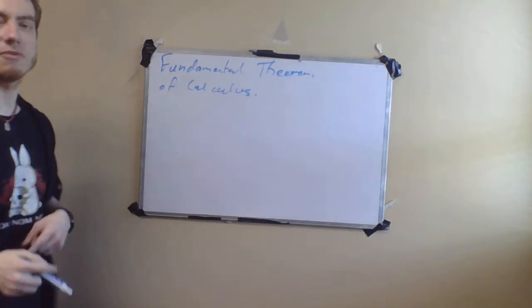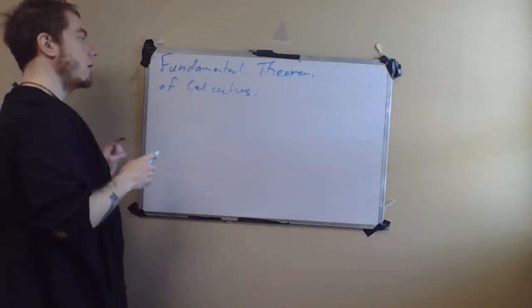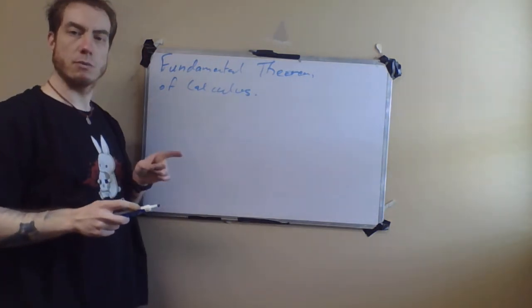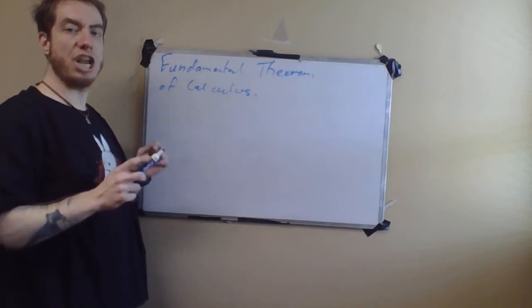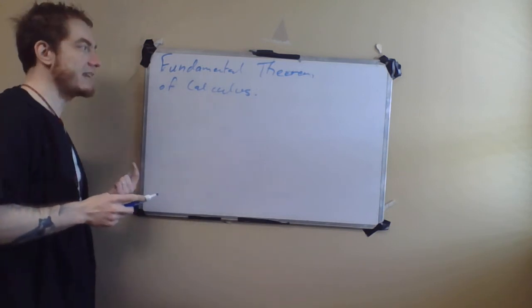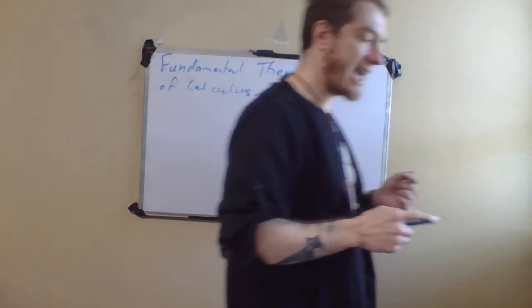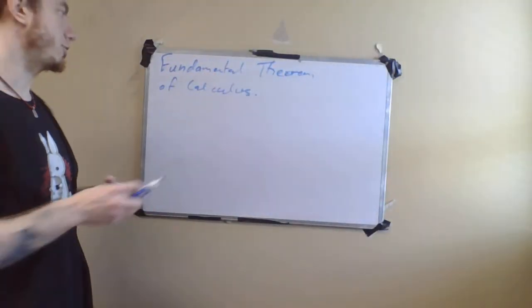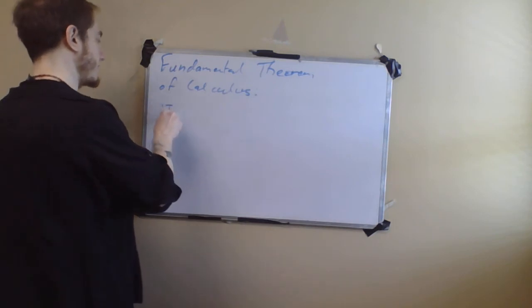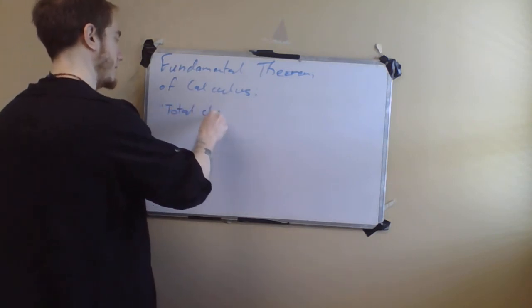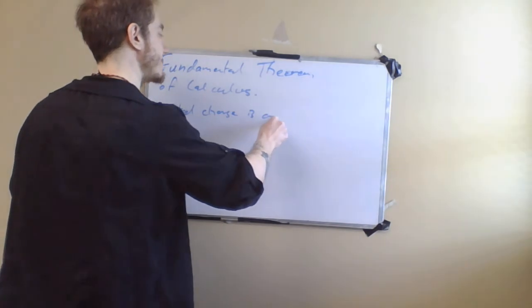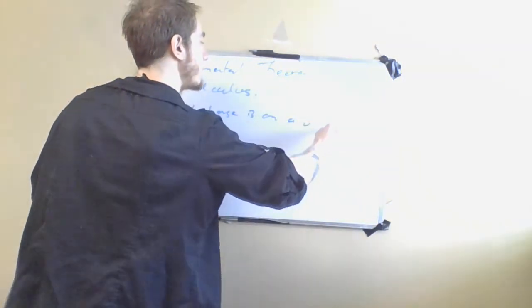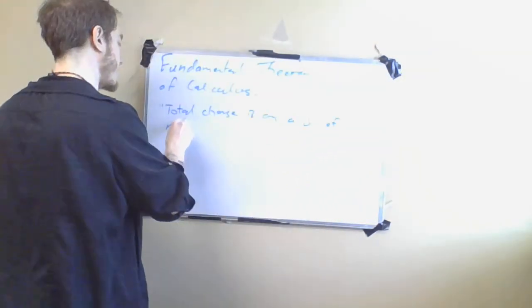The fundamental theorem of calculus essentially says what we just said is true. The total change can be calculated by looking at an antiderivative of the rate of change. So in some sense, total change is an antiderivative of rate of change.